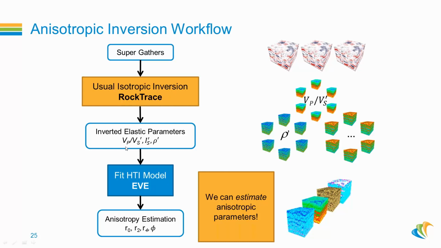Then we have our effective elastic parameters coming out of the inversion, the VP/VS prime, IS prime, or rho prime. These can be analyzed with this Fourier technique to calculate the Fourier coefficients and the azimuth of the anisotropy. So we can estimate the anisotropic parameters by Fourier analysis.